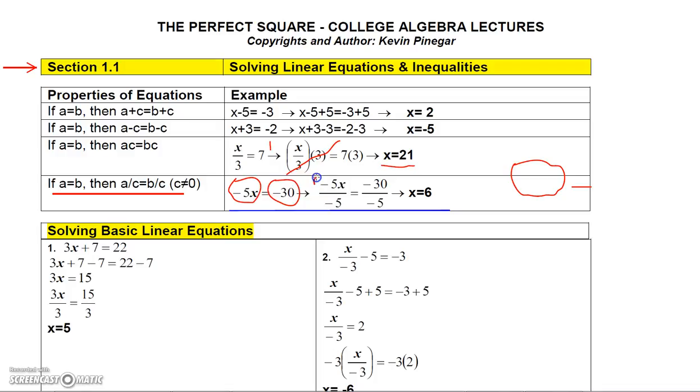So here you'll see I'm dividing negative 5x by negative 5, and on the other side I'm dividing negative 30 by negative 5. And of course what happens again, negative 5 cancels with negative 5, and it gives me 1, so that's like a 1x, which is just x. And then on the other side, remember, a negative divided by a negative is a positive. So if you need to review your signs, go back and review them. So x equals 6 is the answer to this equation.